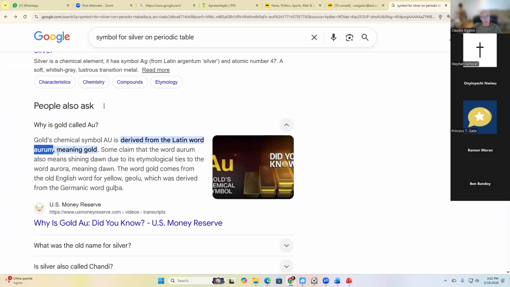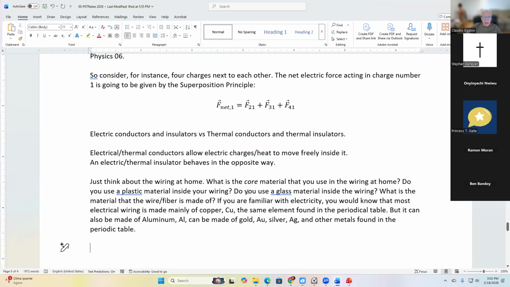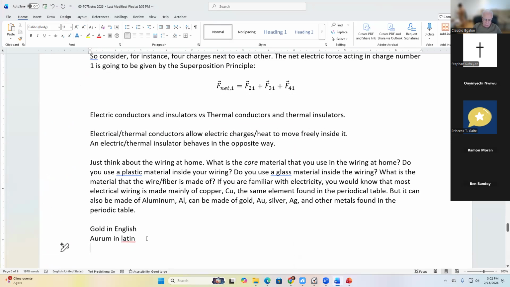But in English, it's very different. Gold in English, aurum in Latin, ouro in Portuguese, and oro in Spanish.